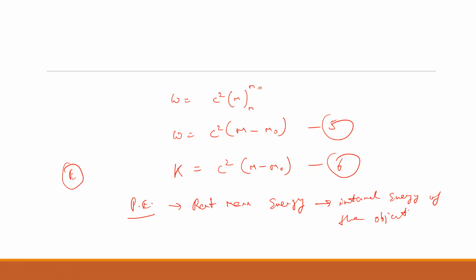Another example is a decorative item: you collect all the relevant pieces and make the item. Therefore the rest mass energy of the body is derived by integrating this equation, dw is equal to c square dm.